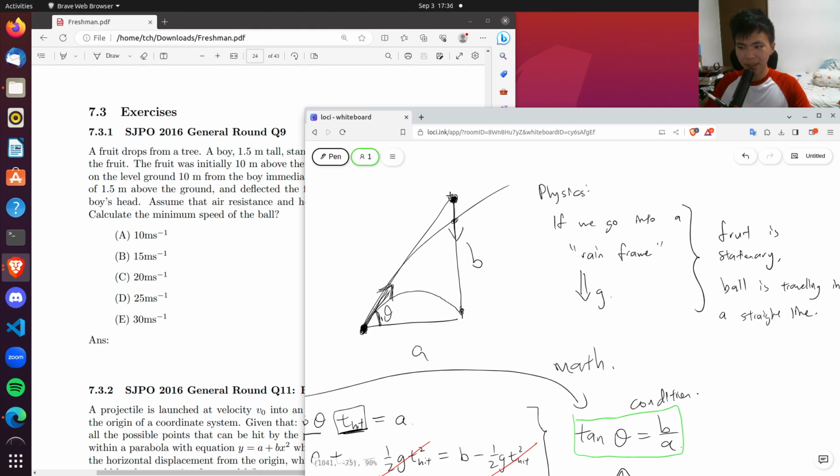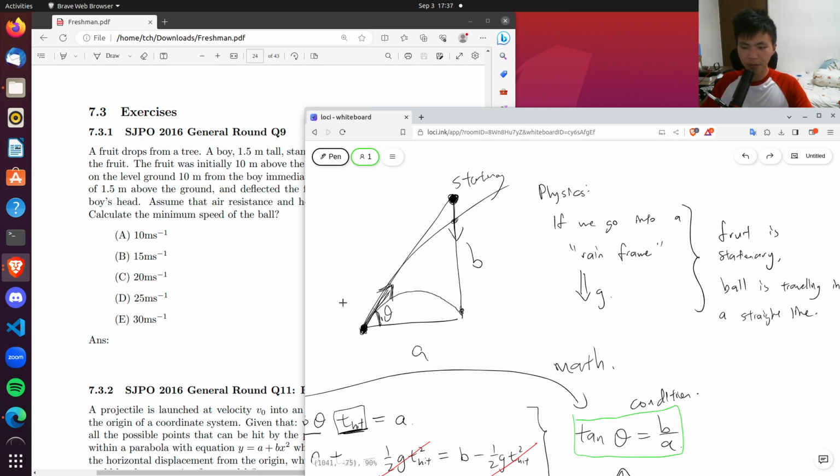And that's what we derived mathematically. But this is obvious if we go into the accelerating frame, where we see that the fruit is stationary and the ball is just moving in a straight line.